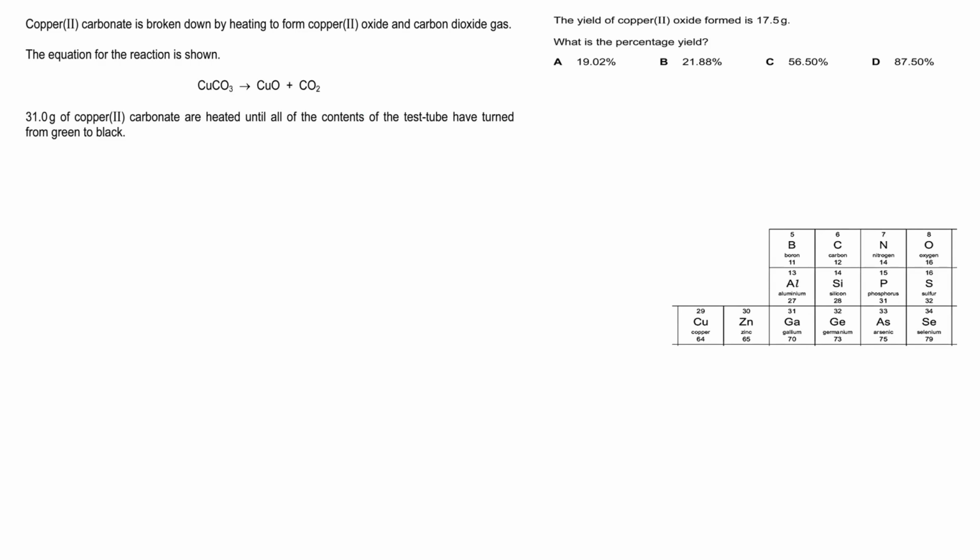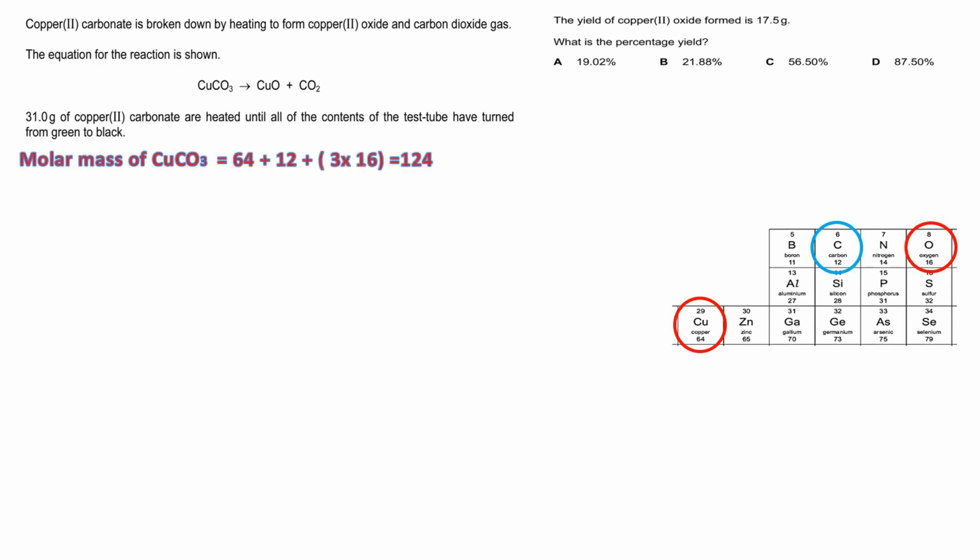For CuCO3, Cu has Ar, relative atomic mass, equal to 64, carbon equals 12, oxygen equals 16. So the Mr, molar mass, of copper(II) carbonate equals 64 plus 12 plus 3 times 16.